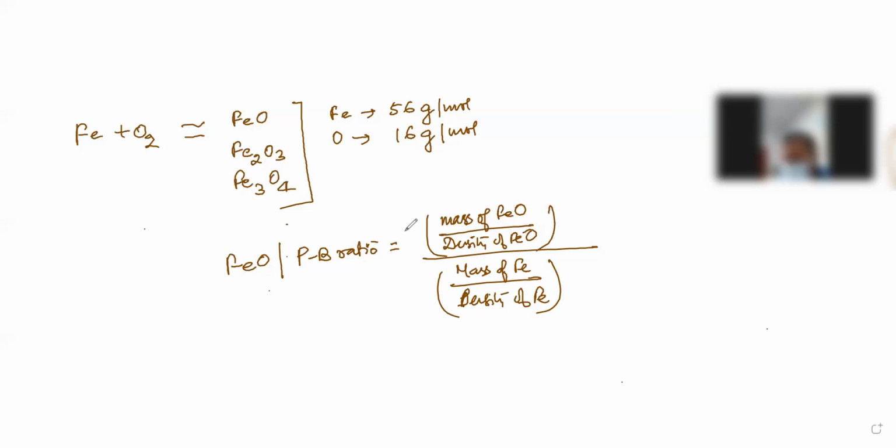And the factor 1 by A will be equal to 1 by 1, right? Because it is FeO, Fe1 and oxygen 1, right? So it will be 1 by 1. Fe plus half O2 gives FeO.